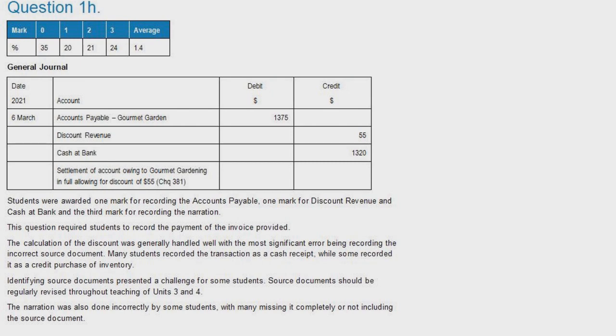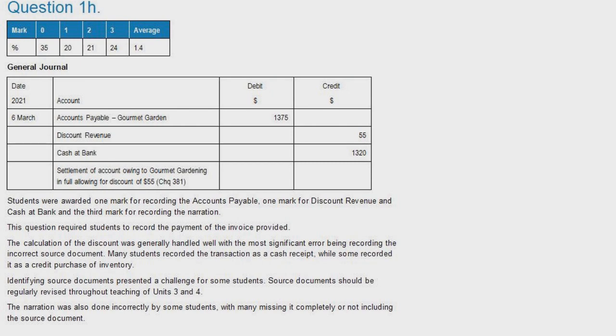Not sure. I did forget to mention a narration. Now, when it comes to narrations, you just need to put enough information there so it fills the void that looking at the debits and credits can't tell us. So, looking at this, all they say was we're paying Gourmet Gardening in full, allowing for a discount of $55. Well, paint the full picture.